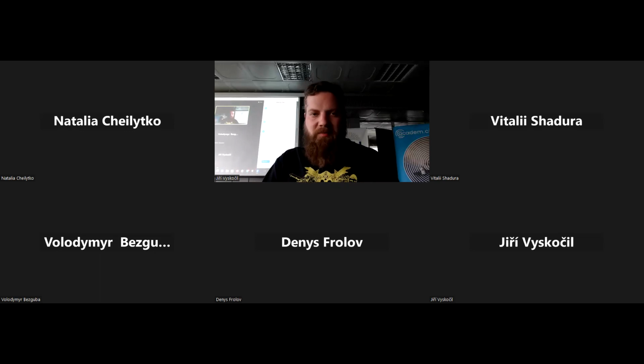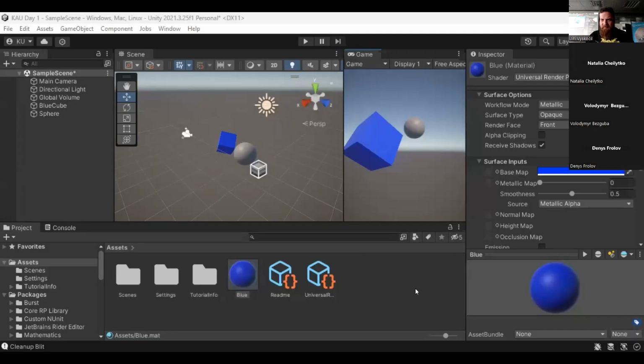Okay, so welcome back, everyone. I will share the screen and we can continue with exploring the very basics of Unity. Please just tell me if you're able to follow. Is it not too fast? Is it not too slow?